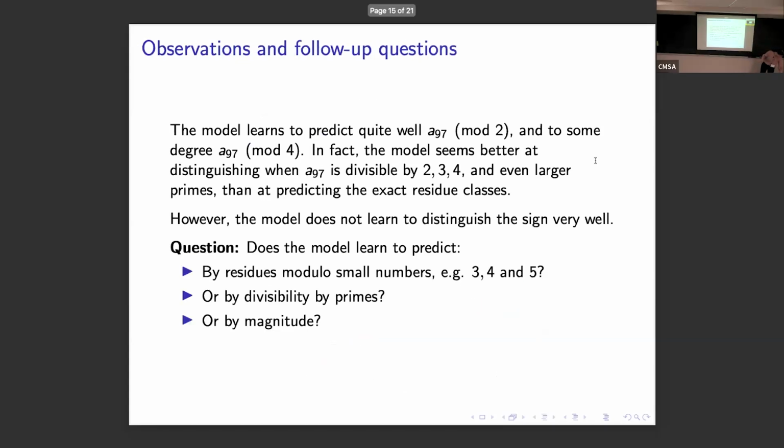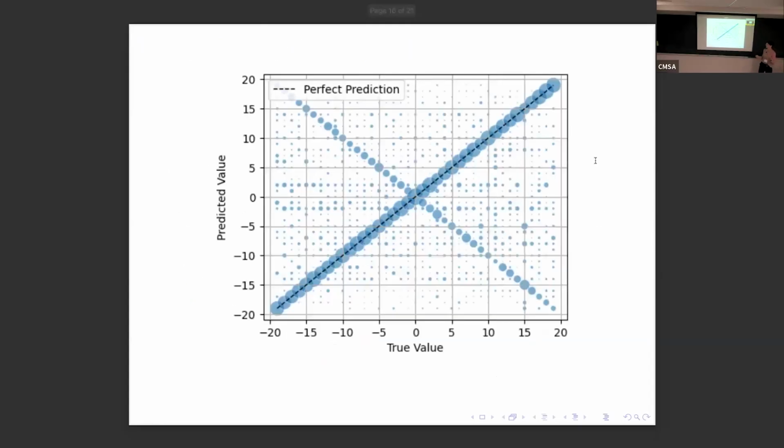One of the follow-up questions that I've been trying to run some experiments on since we've submitted our paper was, well, at least from that picture here, right? Sometimes we can notice little diamonds, but we don't really seem to notice things like mod 3. Those would be harder to notice if it's predicting well whether they're divisible by 3 or not.